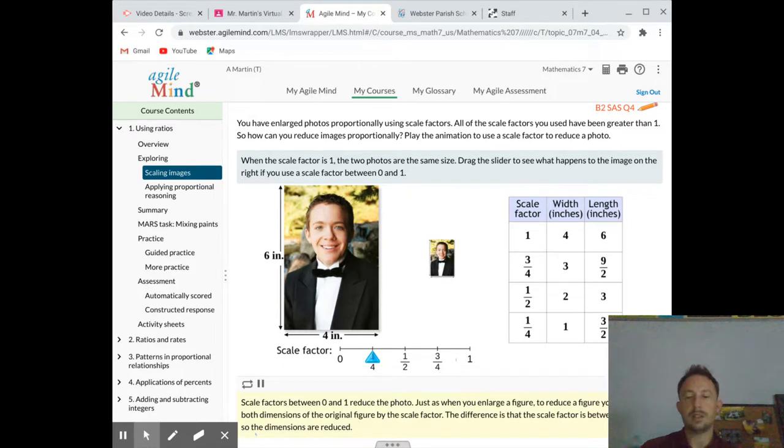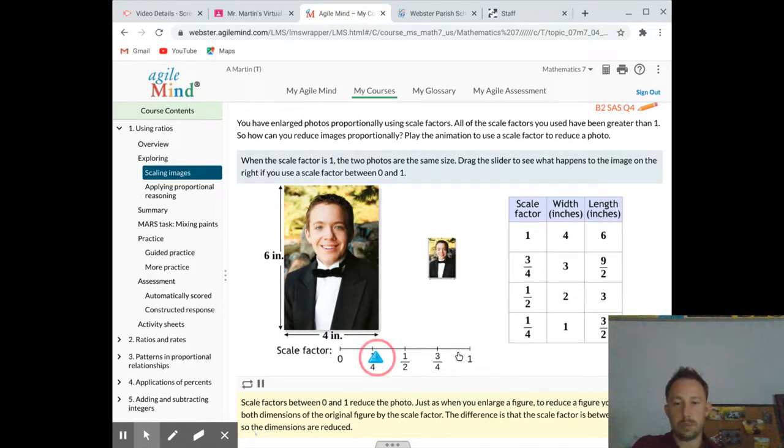Okay, so if we have a scale factor of 1, and in this case, our original picture was 4 inches wide and 6 inches in length. What happens if our scale factor is 1? What happens to the image? It's going to be increased.